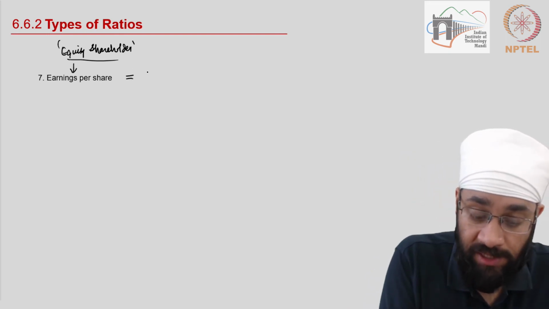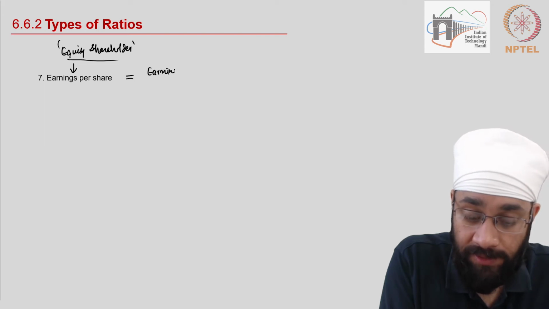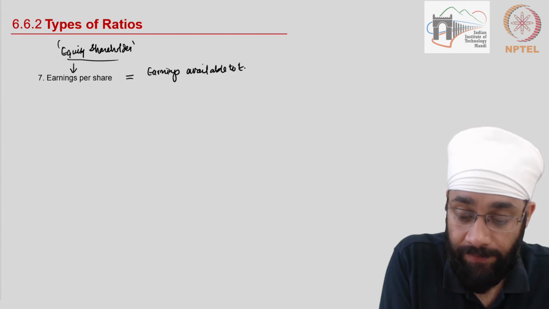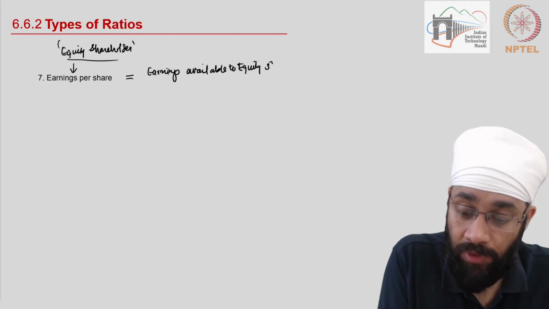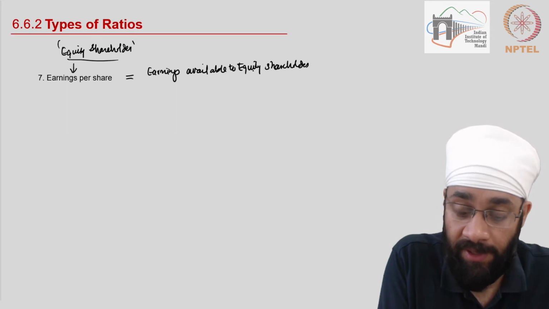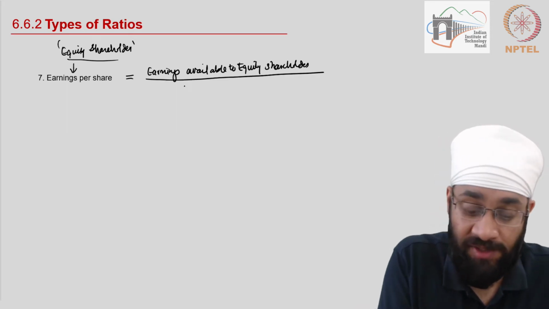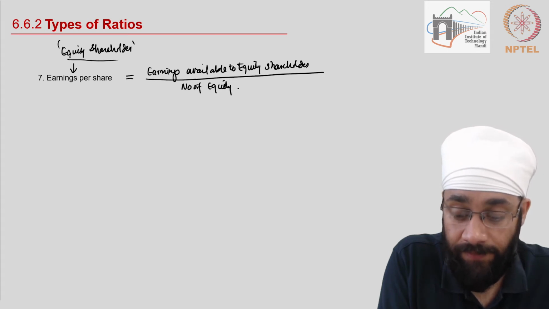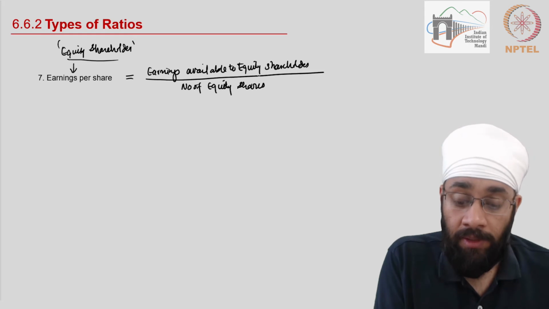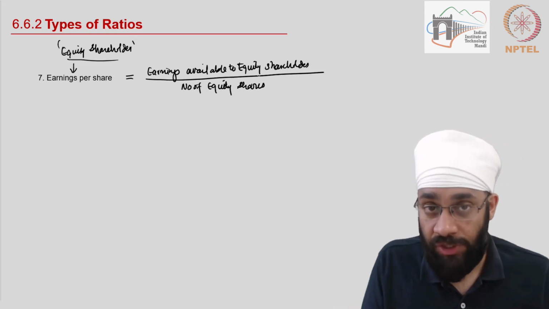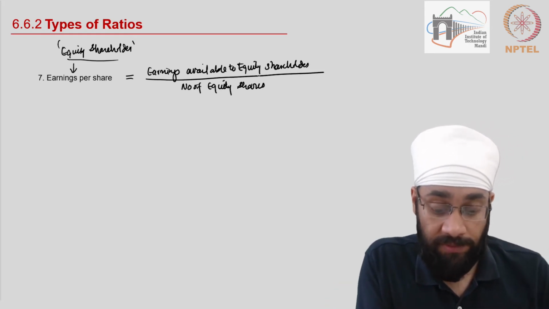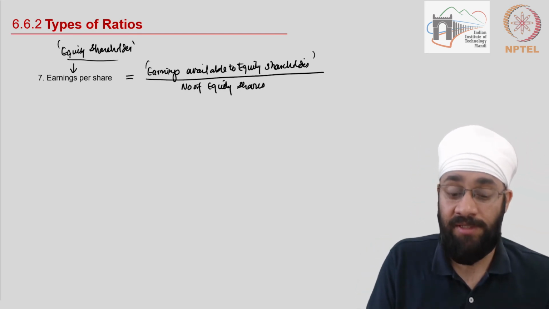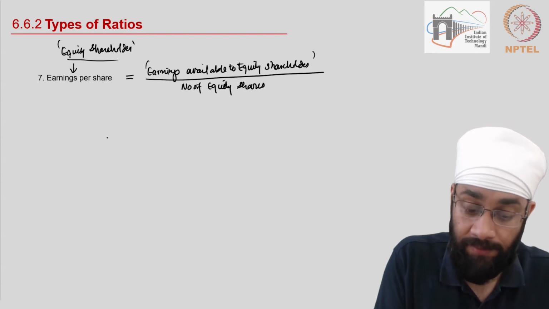Earnings per share is equal to earnings available to equity shareholders divided by, it says per share, so the number of equity shares. The number of equity shares is given in the balance sheet. That's a straightforward number that you just plug and play. The earnings available to equity shareholders, we just discussed this in the previous indicator.